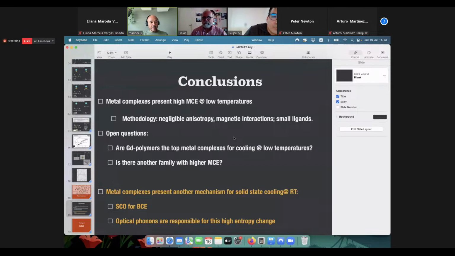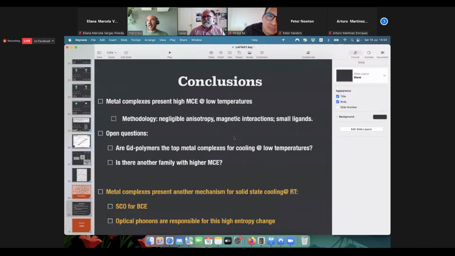This material, as I described it, presents a magnetocaloric effect at low temperature. Maybe 10 years ago, it was very common to describe only the magnetocaloric effects. However, nowadays, it's usual to study the caloric effects and try to combine magnetocaloric with barocaloric and electrocaloric.